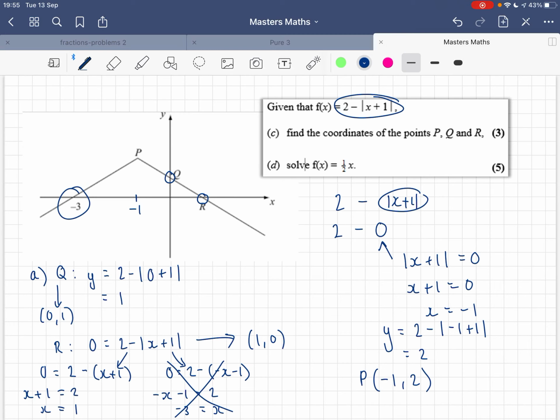Again, I feel like I've really overcomplicated working out p when it's pretty straightforward. We need to make the modulus part of the function 0 in order to get the highest possible output for y.